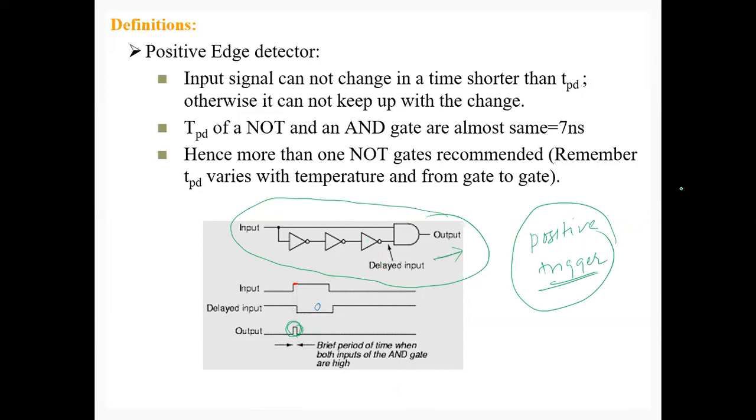That's the advantage of delayed input. Sometimes in digital electronics, you need delayed input, okay? Because you want to produce some kind of trigger, positive trigger, sometimes negative trigger. So you will see the use of this kind of trigger in the coming slides, okay?